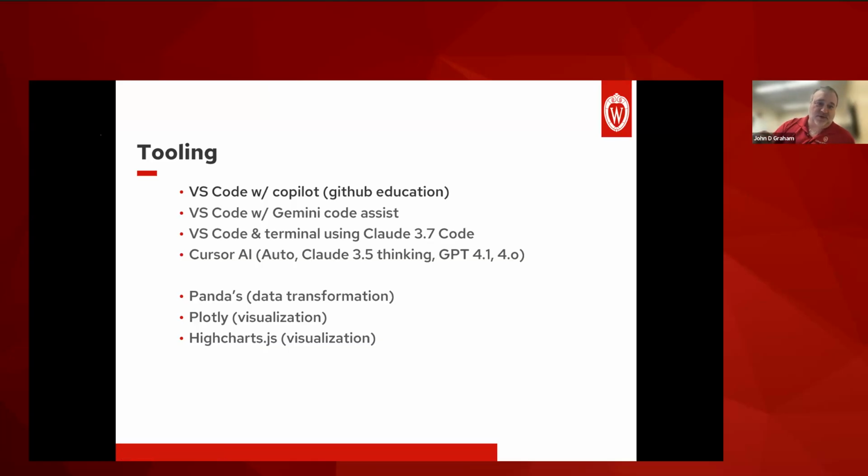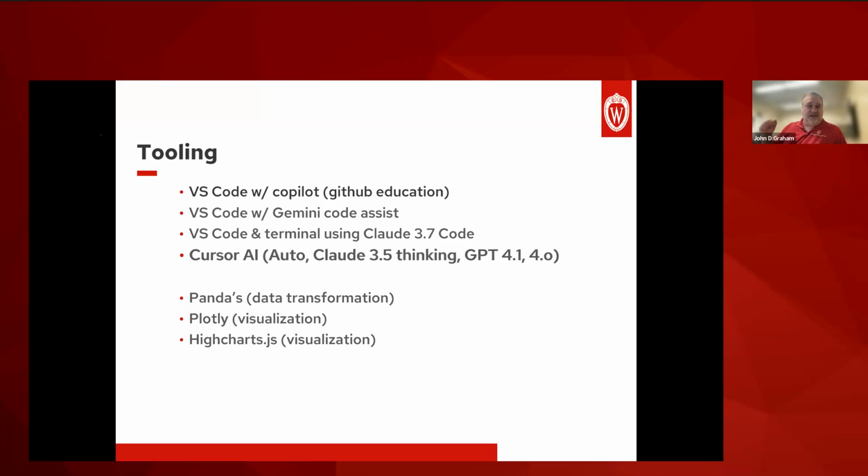I'm using pandas with Python. For some of the visualization tools, I've used Plotly. And in today's example, I'm using HighCharts JS, which is one that you can get an education license on a yearly basis. On the next slide, we just highlight that this example is Cursor AI.